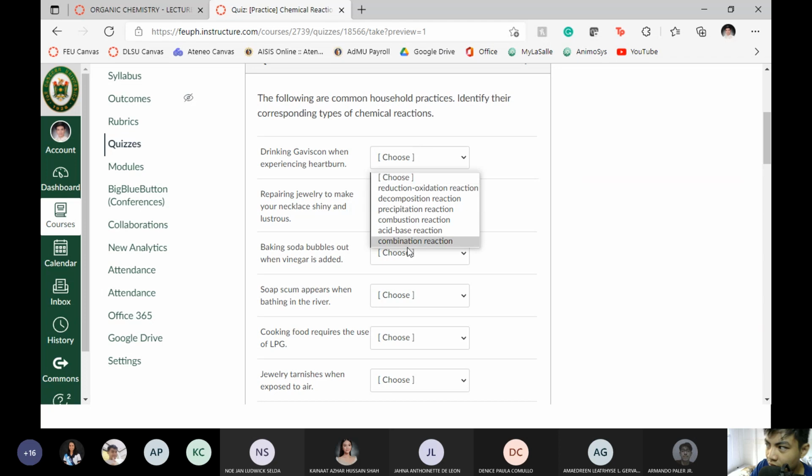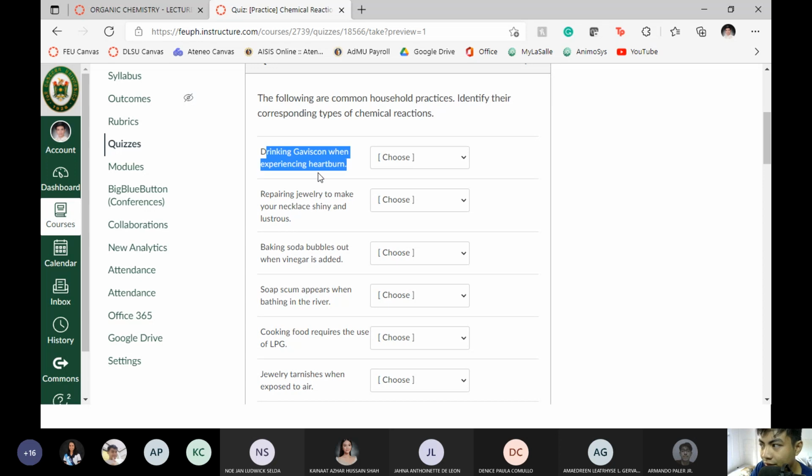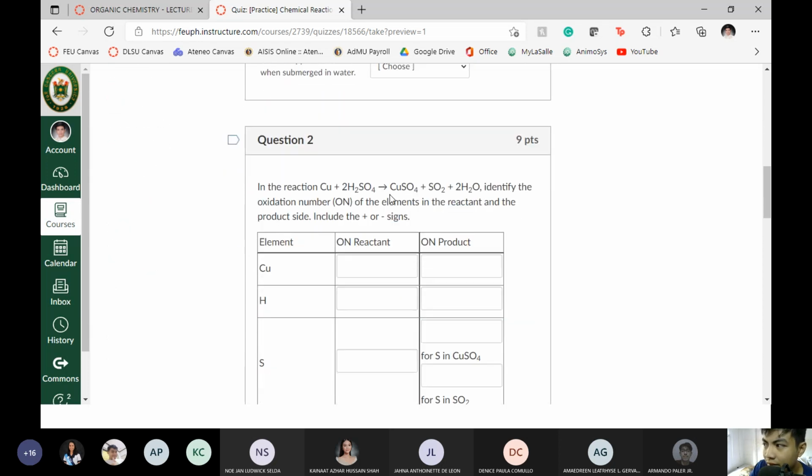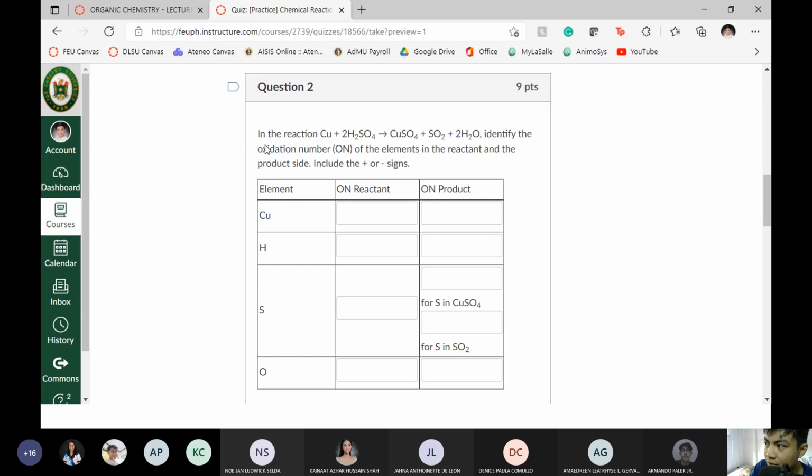So, ito yung mga types of chemical reaction. Pwede nyo i-google yan. Although walang ganito sa quiz, no? Pero it will be better if alam nyo yung mga chemical reactions behind this daily experience natin. Okay? And then, question number 2, identify the oxidation numbers daw.